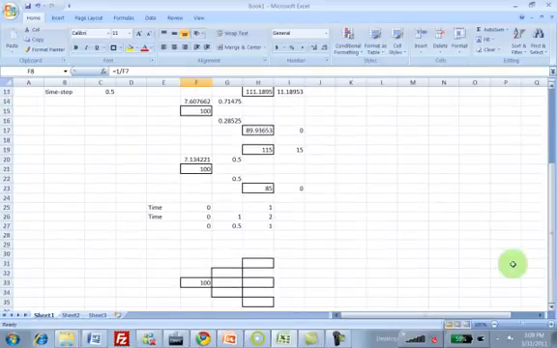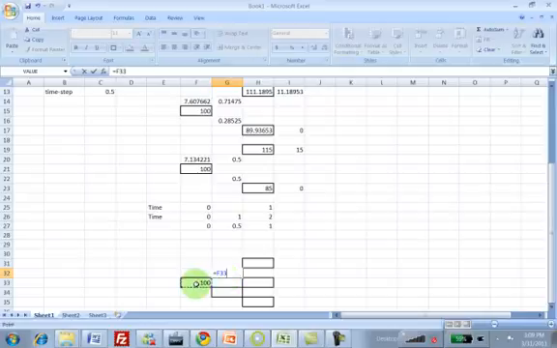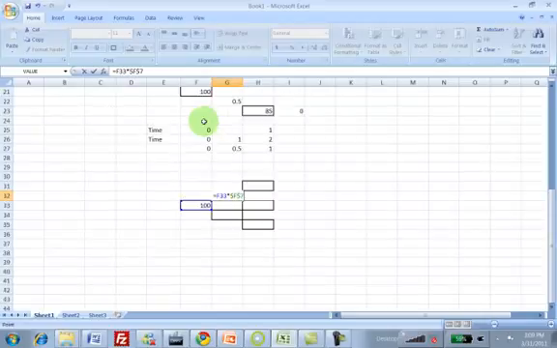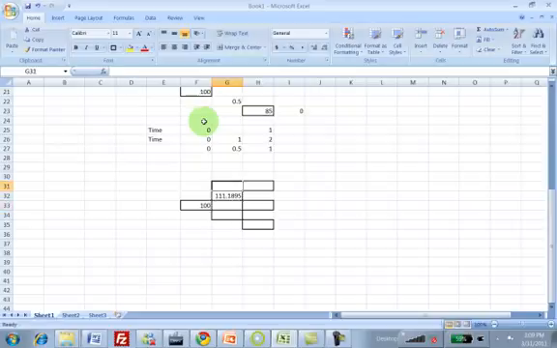So from 100, I go to 100 into the up move, which is 1.1114, and then from here we again go, let's just copy and paste here, which is 123.